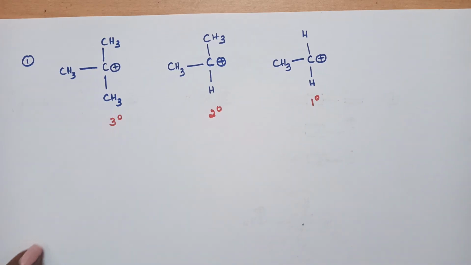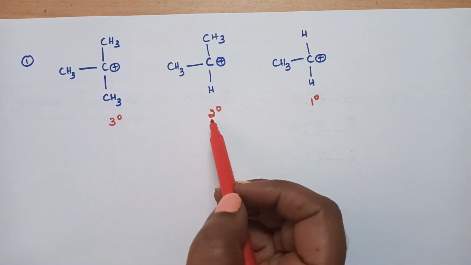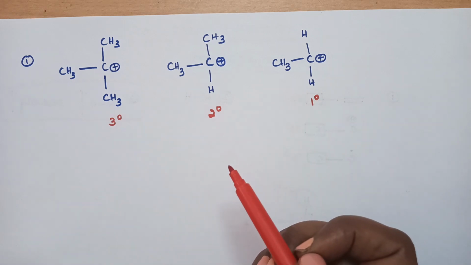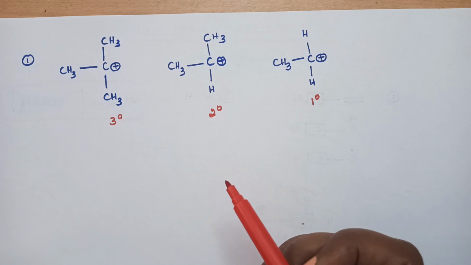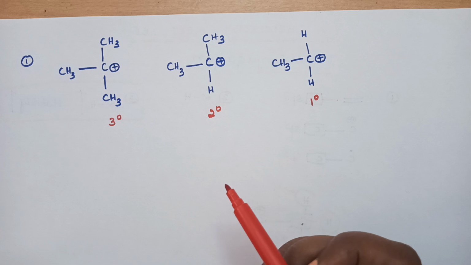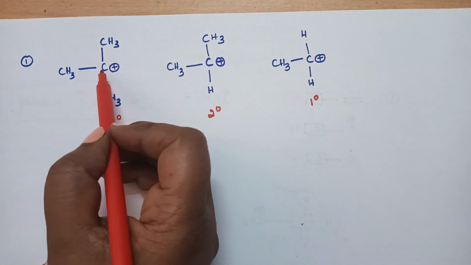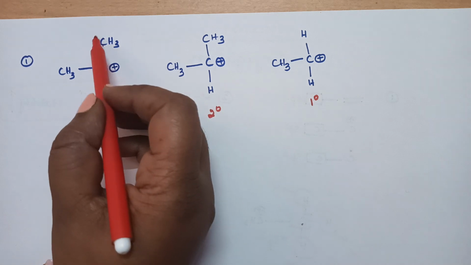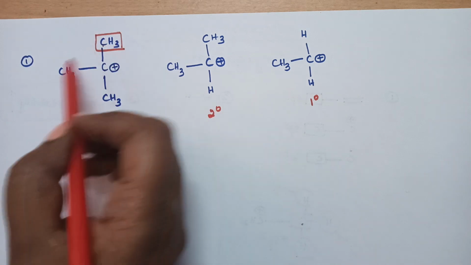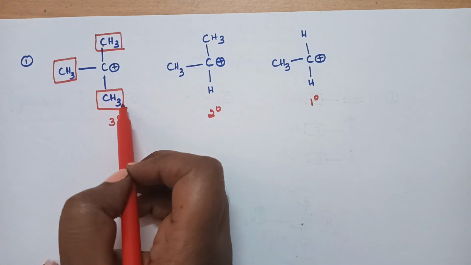So students, now we have to check which is more stable. Tertiary is stable, secondary is stable, or primary carbocation is stable. For that, we have to first check sp3 carbon is attached to carbocation. So see, this is carbocation. To this is the sp3 carbon attached, and second sp3 carbon, and this is one more.